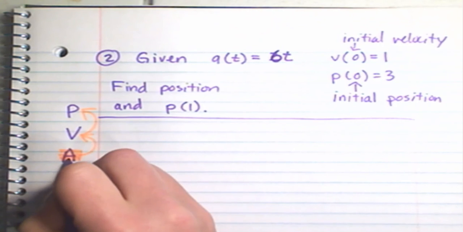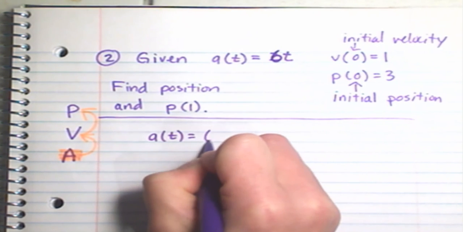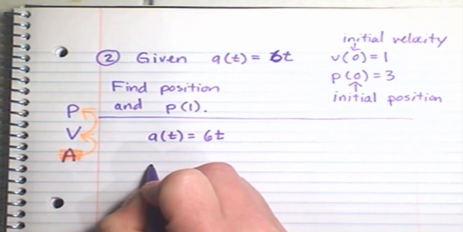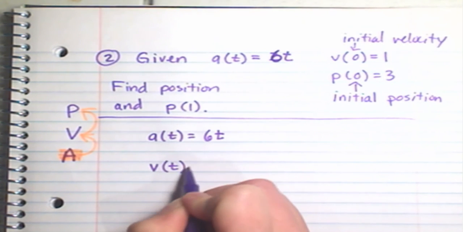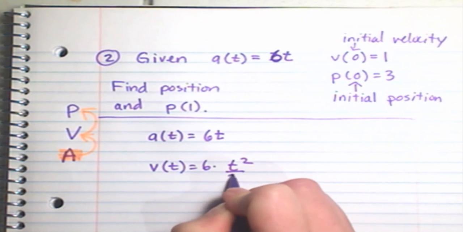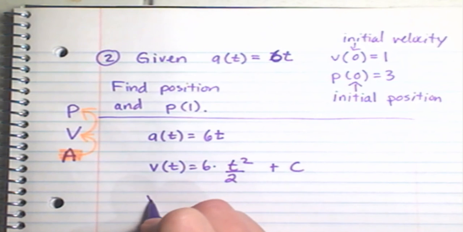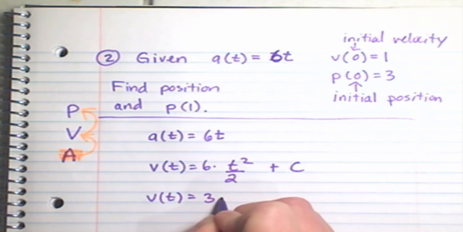All right, so let's start at acceleration. Need to go backwards to velocity by using the antiderivative. So keep the 6. Add 1 to the power, divide by the same number. Okay, now I'm going to rewrite this, right? 6 over 2.